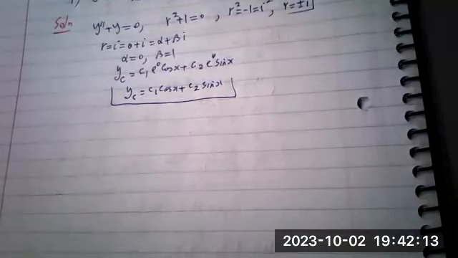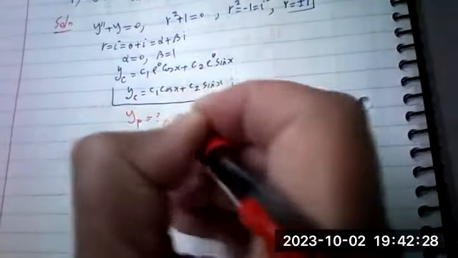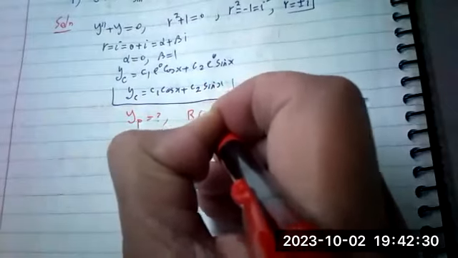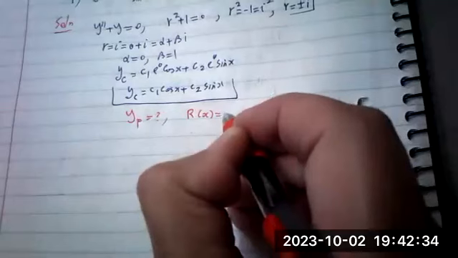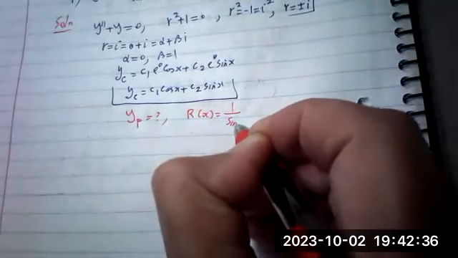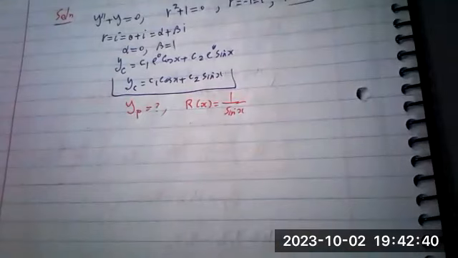Any question? Now you want to find the yp. Check your r of x. The coefficient is 1, so r of x is 1 over sine x. So you cannot use undetermined coefficients.